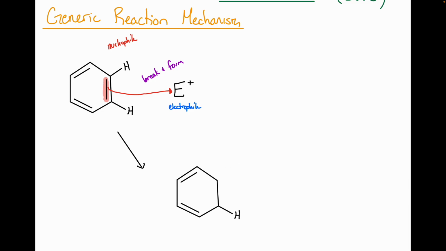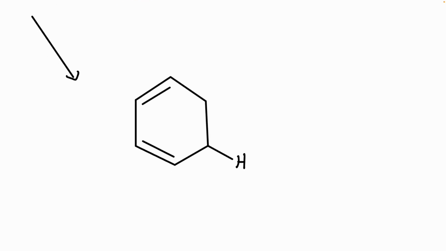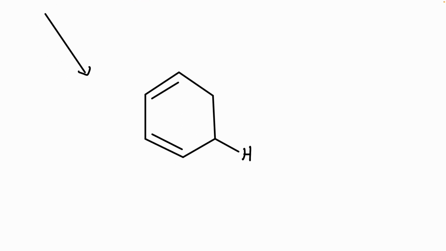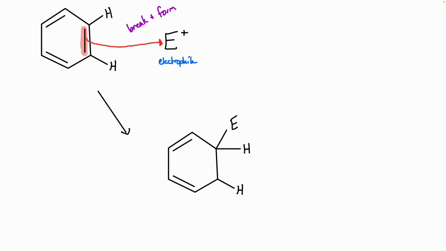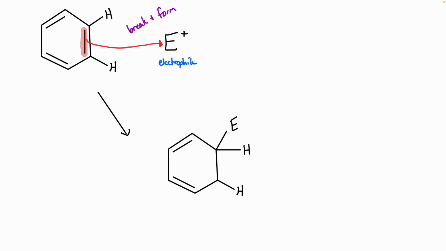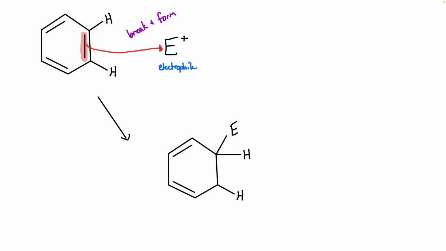All right, and when we have these bond breaking and formation arrows, starting at our pi bonds, what we see is that one of these carbons gets that new bond, in this case my carbon electrophile bond. Since my electrophile started as being positively charged, when it accepts that pair of electrons, it's going to be neutral. All right, and then what else am I missing in my intermediate here?